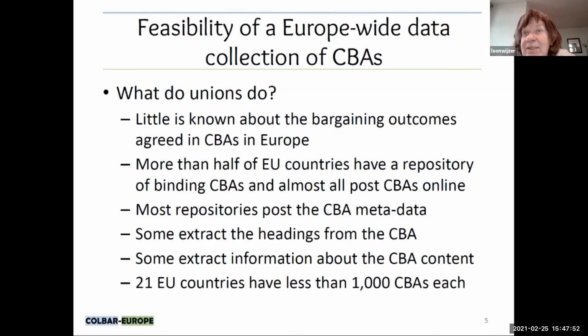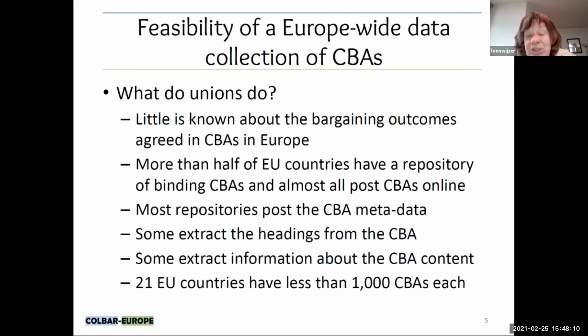Some repositories extract the headings from the collective agreements that they register. Some extract in an automatic way information about the content.